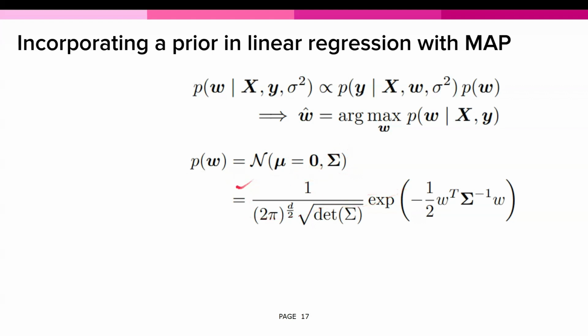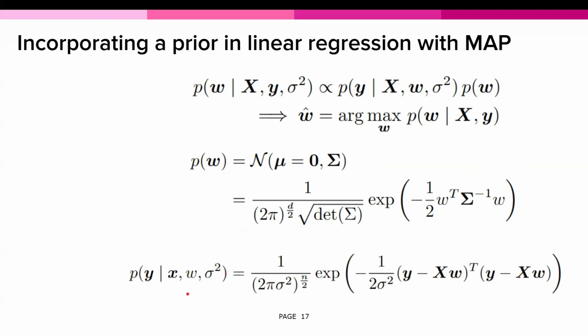And we can expand this prior into the probability density function using the expression for a multivariate Gaussian distribution that we went over in the maximum likelihood lecture. So that's the prior. Now let's consider the likelihood function, the probability of observing the labels y, given the features in the matrix x, the weights w, and the variance of the noise, denoted by sigma squared.